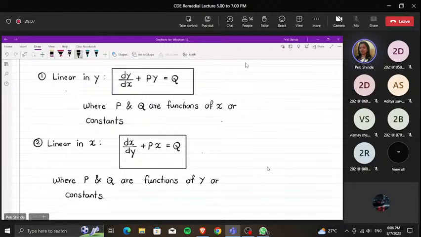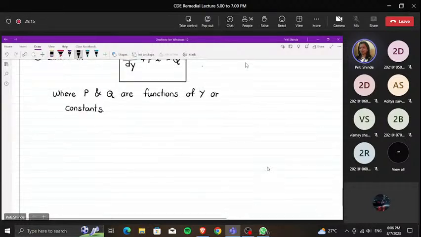Okay. If your differential equation is linear, how to find out its solution? Okay, so for linear differential equation, to find the general solution.